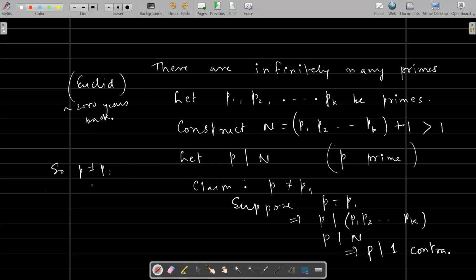Yeah. So P can't be P1. Similarly, P can't be P2, P can't be P3, up to P can't be Pk, right? So I got a prime P which is other than P1, P2, up to Pk.